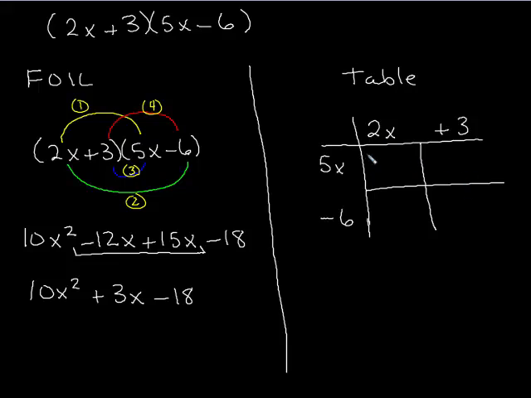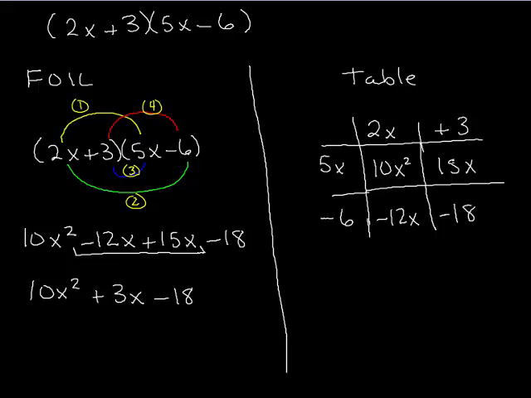And this works just like a multiplication table. 5x times 2x gives me 10x squared. 5x times 3 gives me 15x. Negative 6 times 2x gives me negative 12x, and negative 6 times 3 gives me negative 18.